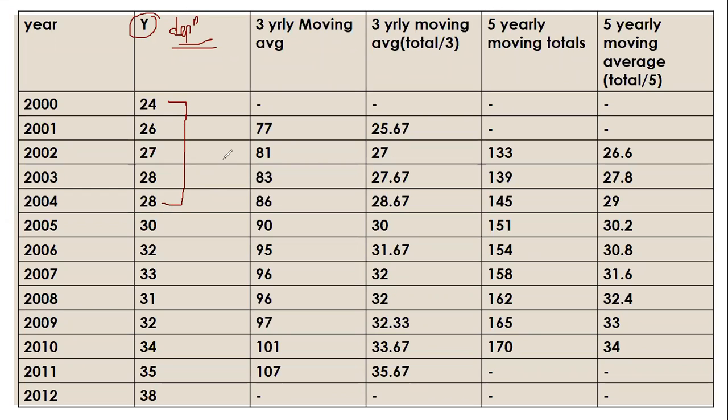Okay, so that will be your 5-yearly moving average. Now out of these 5 values, 24, 26, 27, 28 and 28, tell me which is the central value for these 5 values. Which is the middlemost value? Tell me the number.